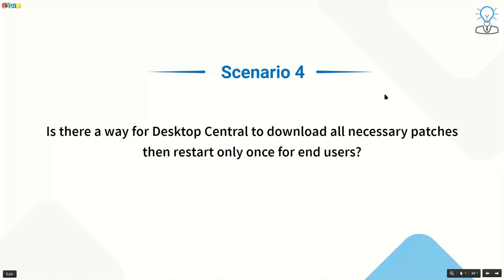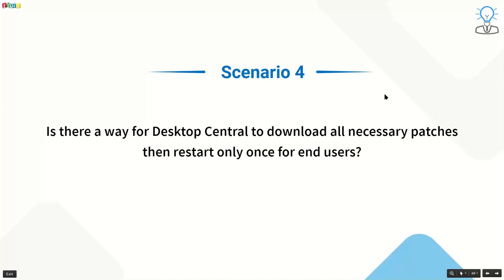Is there a way for Desktop Central to download all necessary patches, then restart only once for end users? Yes, that is the actual design of Desktop Central patch management configuration. Let's say you define a patch management task to deploy 10 patches to an operating system.